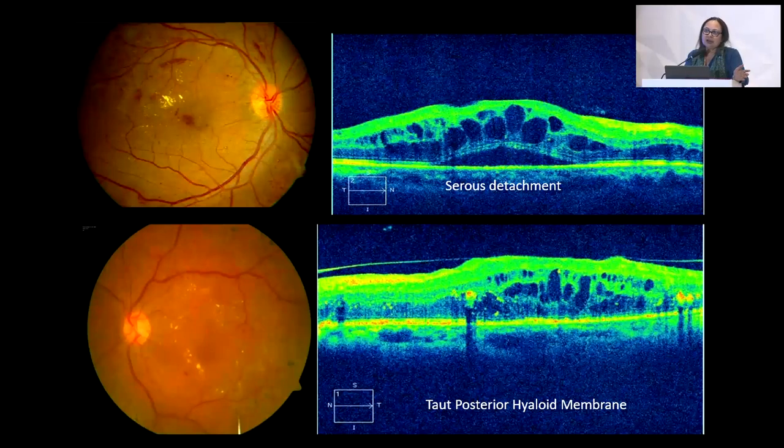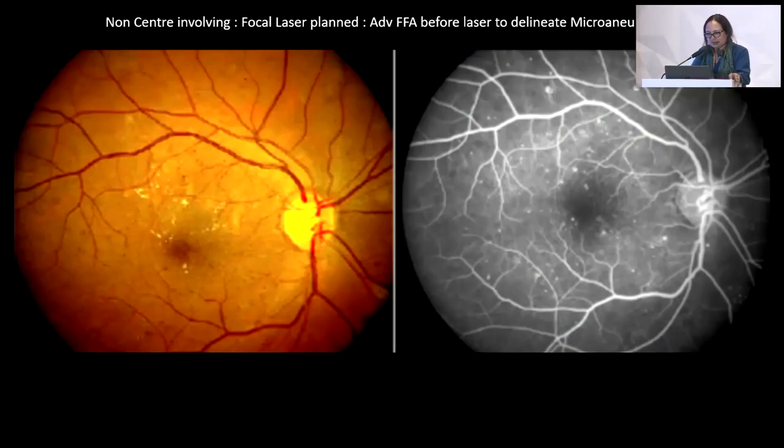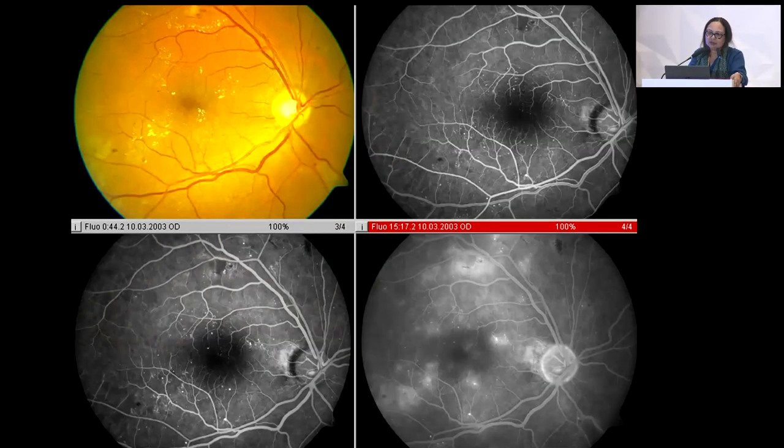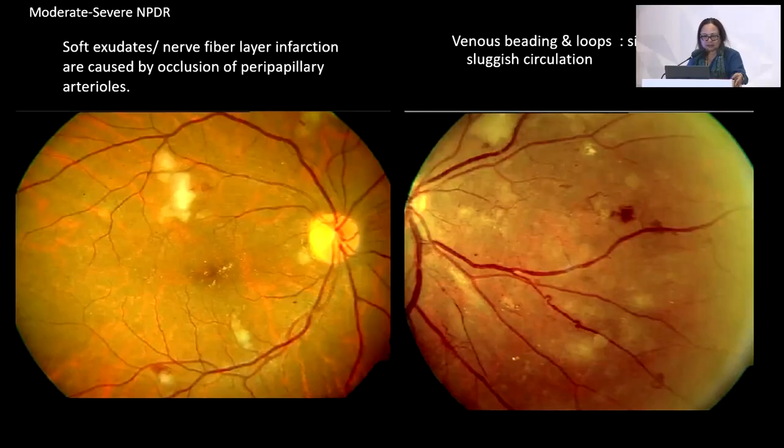Surgery brings about the anatomical results, but long-term meta-analyses have shown that the vision does not do remarkably well. So let's go on to the next. The next component was non-center involving. If at all you are planning laser, do a good fluorescein angiogram, identify the microaneurysms which you have to treat, and Ajay has already told you all about that.